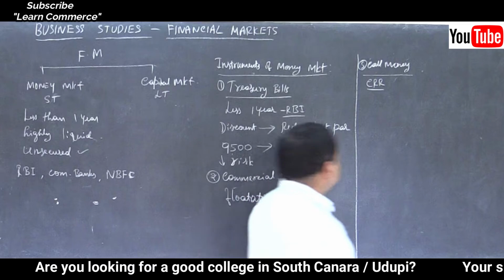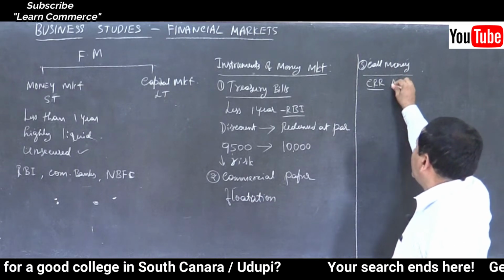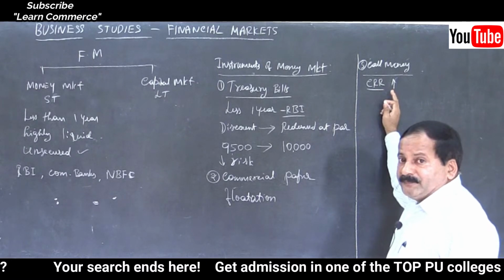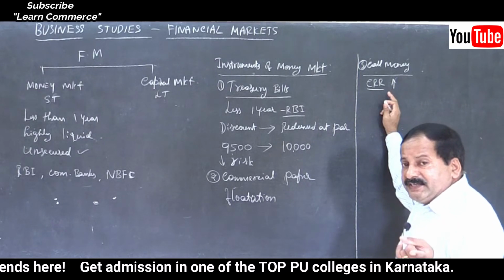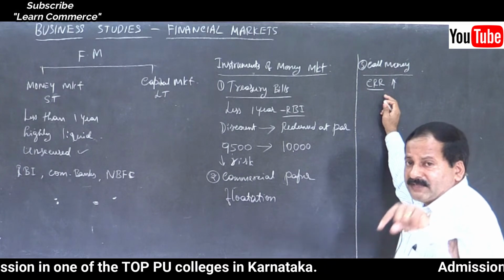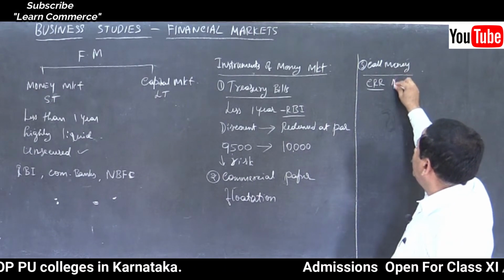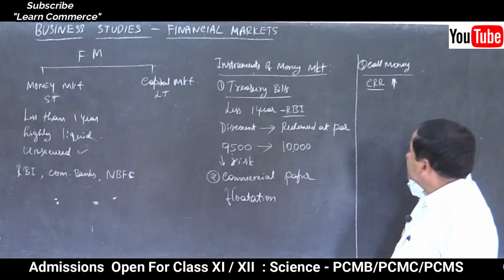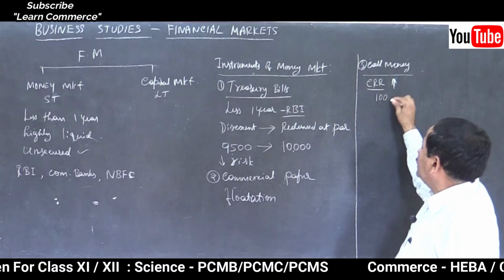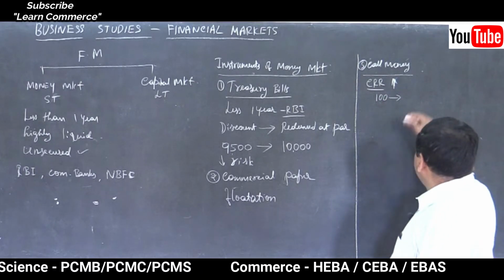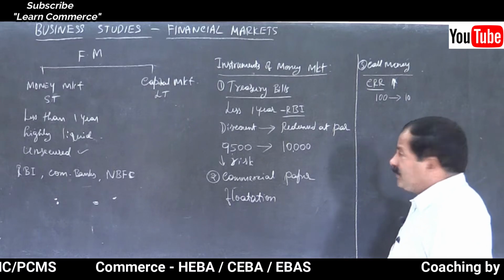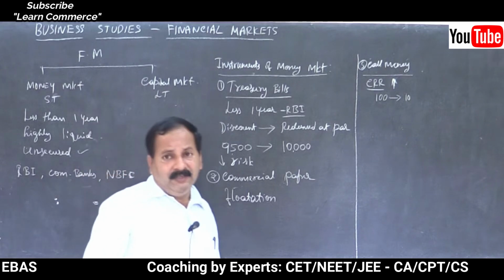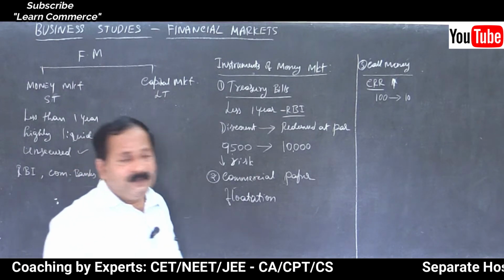So when the CRR is increased by the Reserve Bank of India, the money flow in the bank's treasury will be less. Because suppose 100 crore is there with the bank, earlier 10% was the CRR, so we used to pay 10 crore to the Reserve Bank of India as a deposit, isn't it?